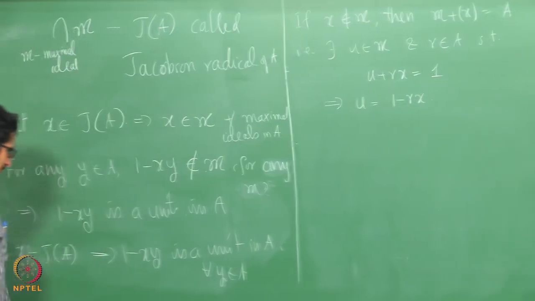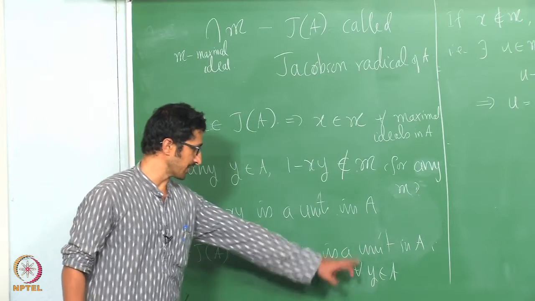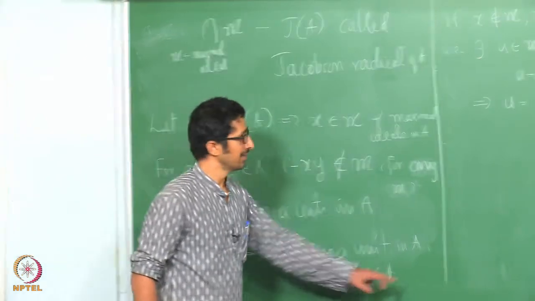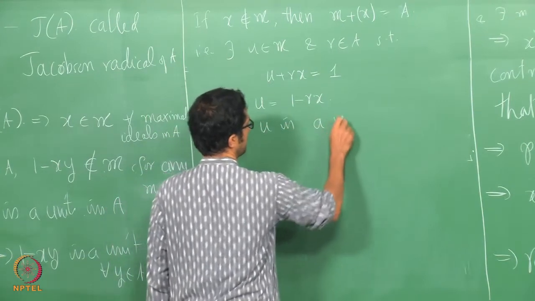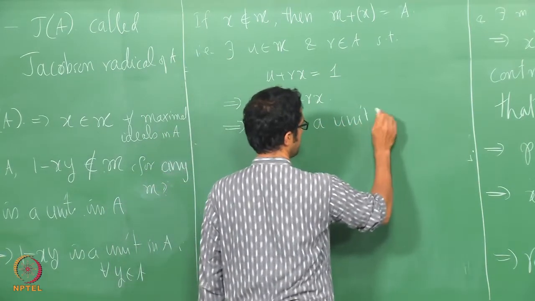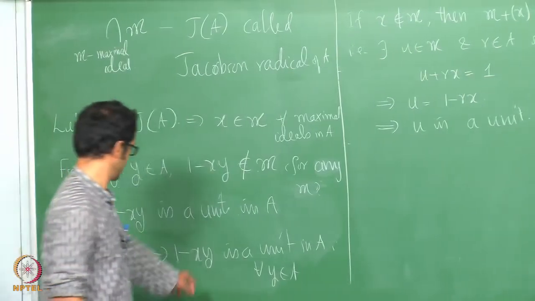But now our assumption is that 1 minus xy is a unit for every y in A, which means u is a unit by the assumption.